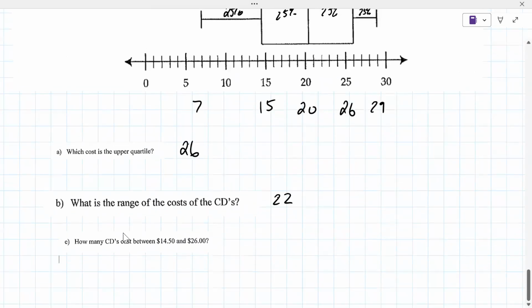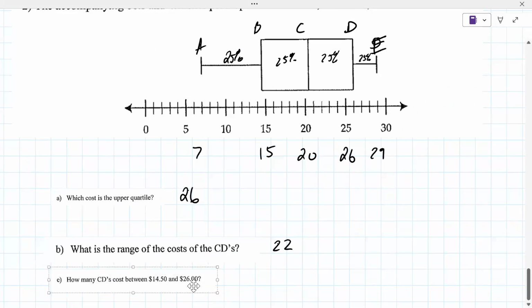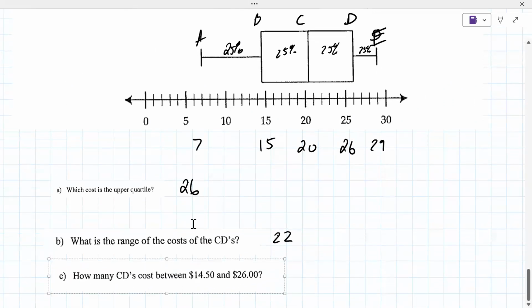So actually, I'm going to have to slide this up a little bit. How many CDs cost between 14.50 and 26? You can consider that 15, that's roughly 15.